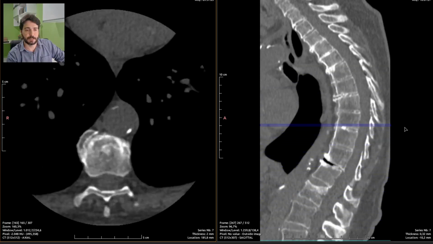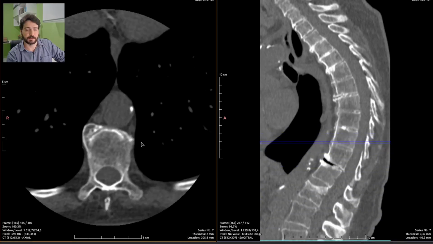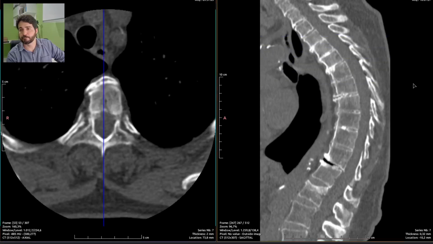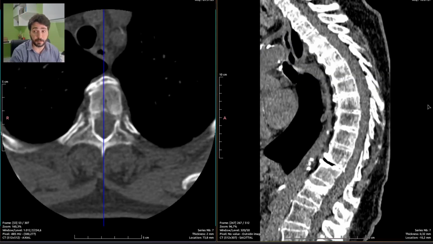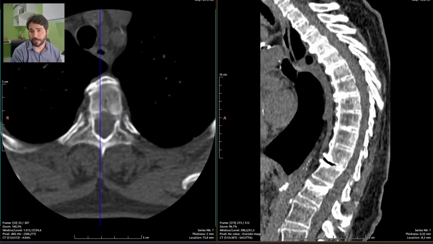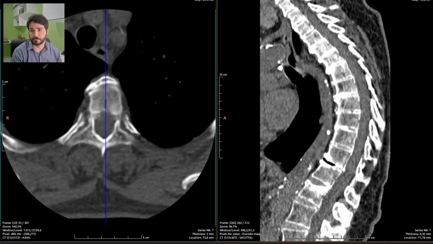So much osteophytes. This is a pretty common exam to report, so this is a lesson to be learned for sure.